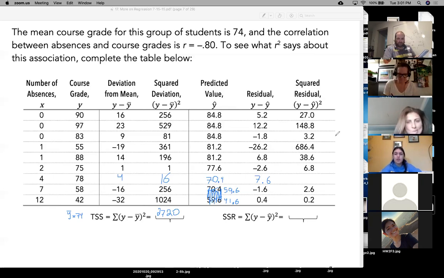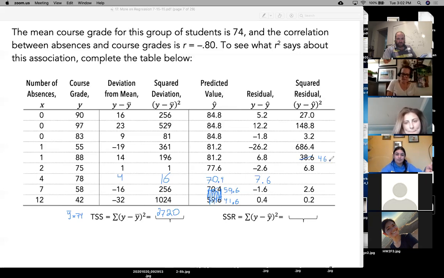Hold on. 6.8 squared on my calculator says 46.2. Why are you squaring 6.8? These are the residuals. When you square them, you get these numbers. Oh, this one here? Yes. 6.8 squared is 46.24.